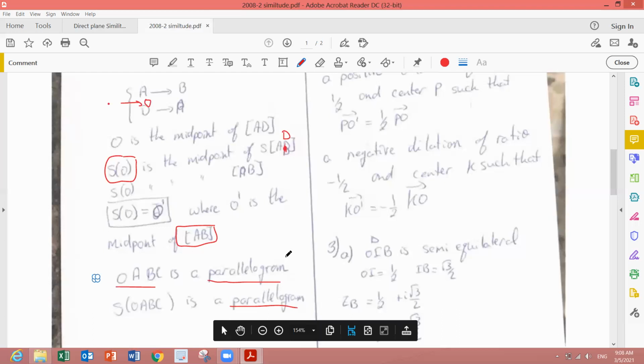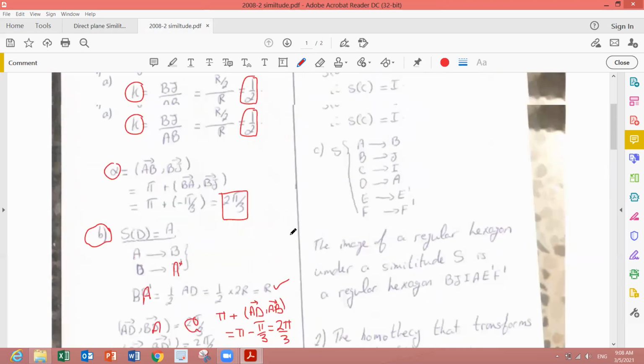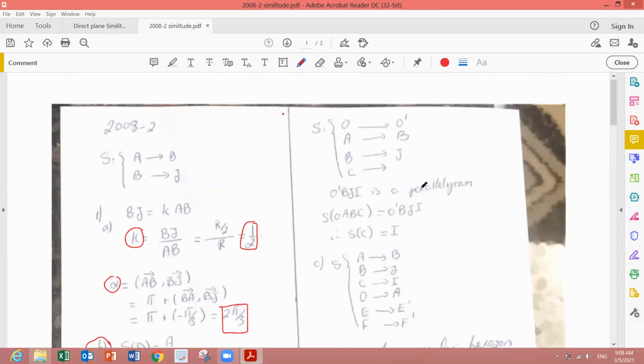Similitude conserves geometric figures. So O onto O prime, A onto B, B onto J. O prime BJ is a parallelogram. The S of OABC is the parallelogram O prime BJI. Therefore, S of C equals I.